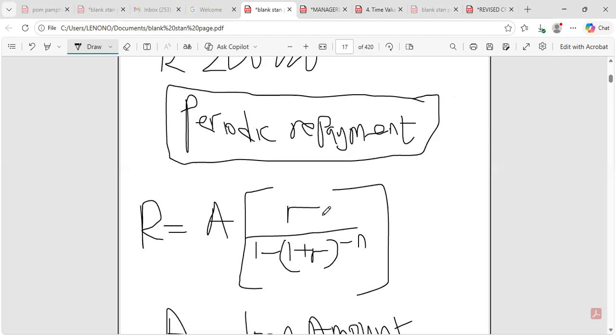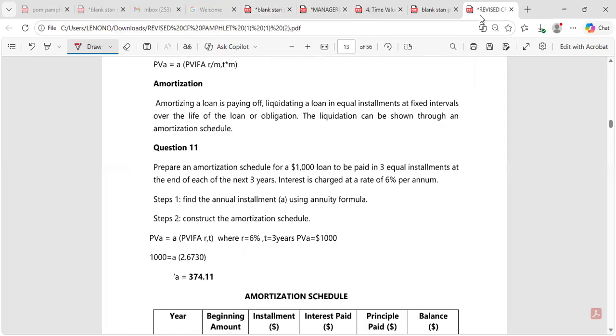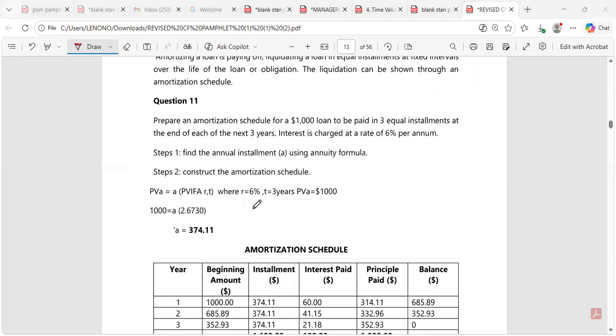All right. So using this formula, how much is the loan amount from here? Our loan amount is $1,000, for 3 equal payments.